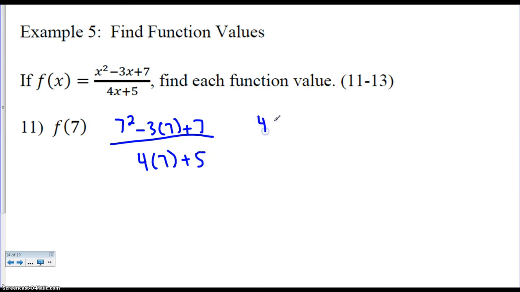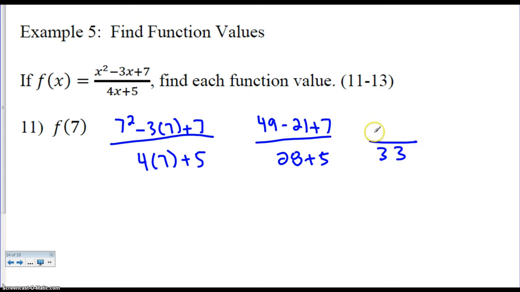So I get 49 minus 21 plus 7 over 28 plus 5. So I get 33 in the denominator, and then I get 35 over 33. Okay, so I substituted 7 in for x and then just simplified.